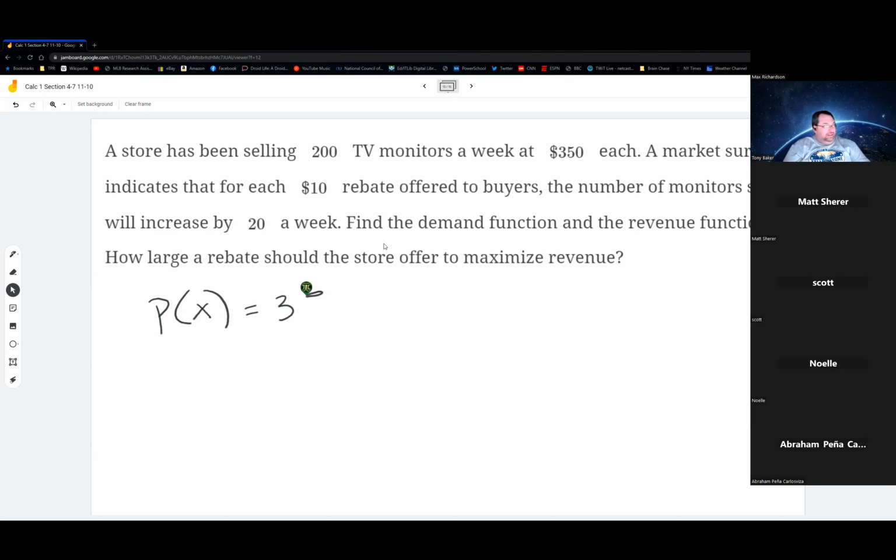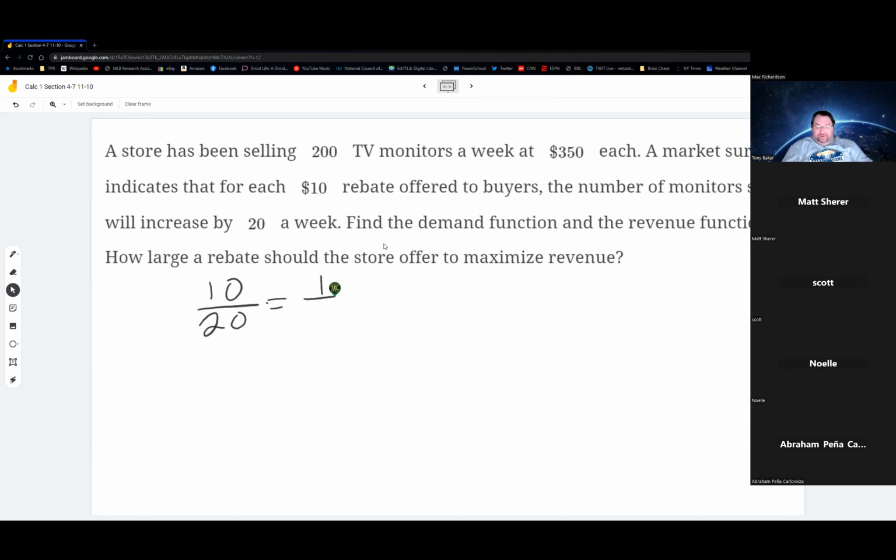It was $350, and for every $10 I cut off, we sell 20 TVs.